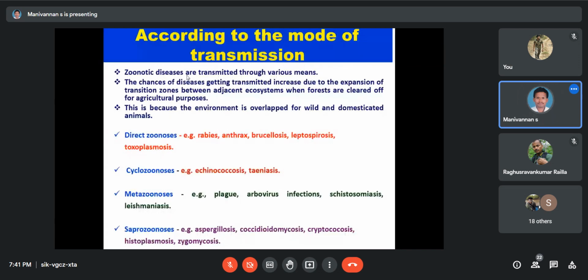The second term, zoonosis. Some of the bad diseases, the parasitic disease, obligatory host.